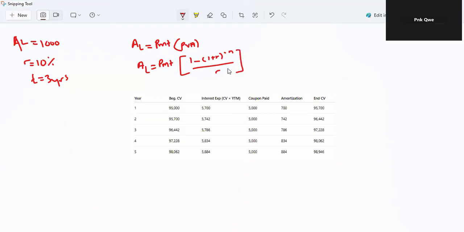So we have our loan, in this case, which is 1,000 kwacha. Then the payment is the first thing we need to calculate. We don't know payment. Then the interest rate is 10%. So this is 1.10 to the power minus 3 over 10%.